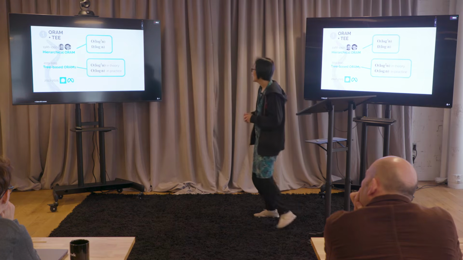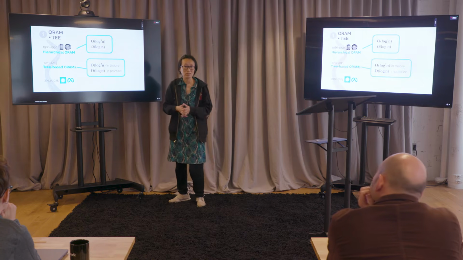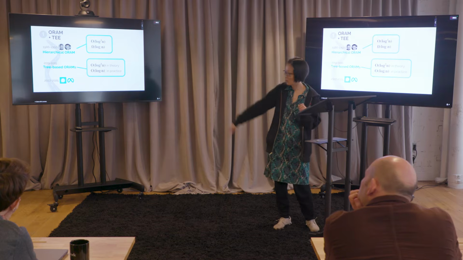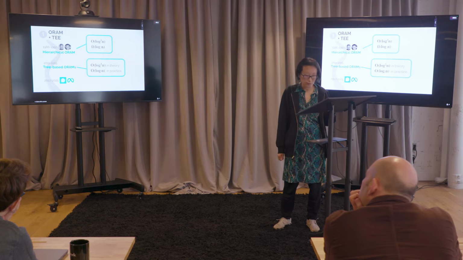You can get log squared n in theory, but in practice it behaves like a single log n, because these 2 log n's are not equal. One is a log base 2 of n, and the other is a log base something large of n, and that log is just 2 or 3 in practice. And then, very recently, we've seen large-scale real-world deployments.